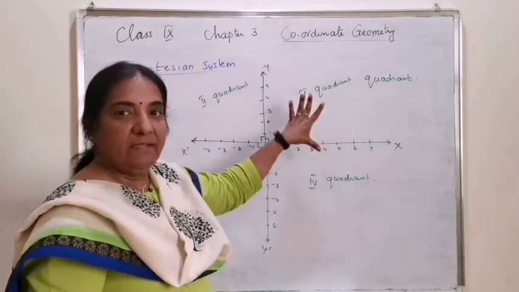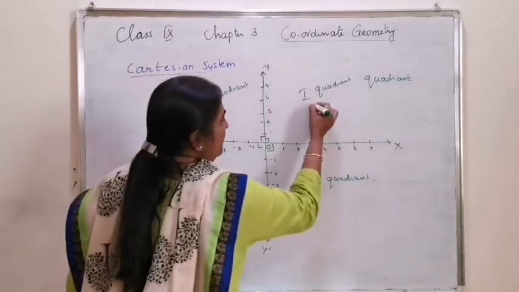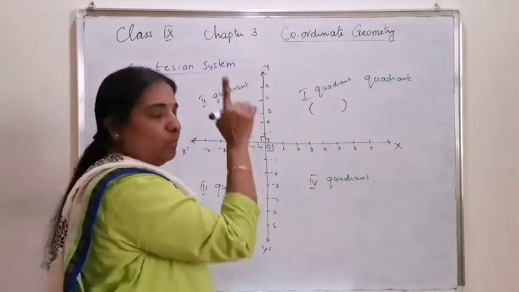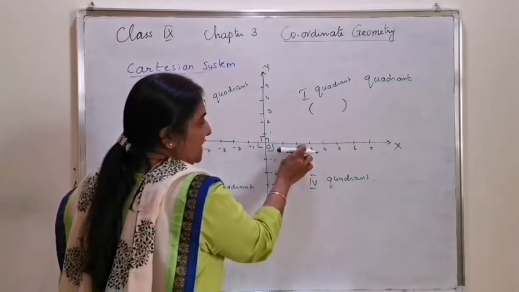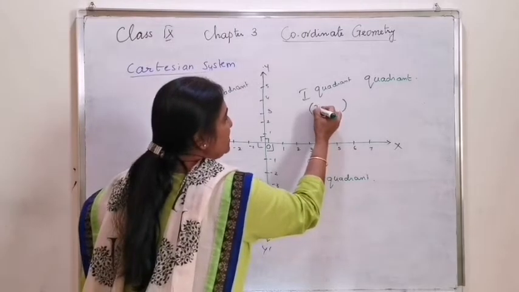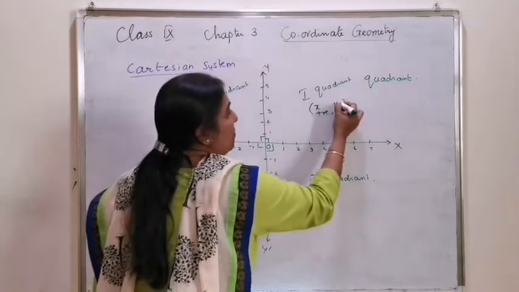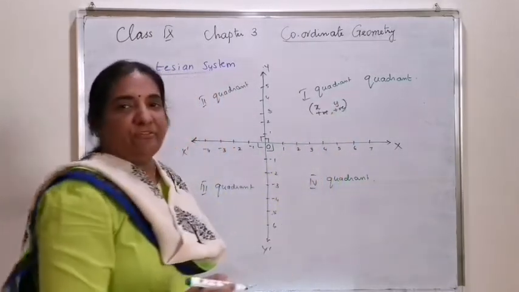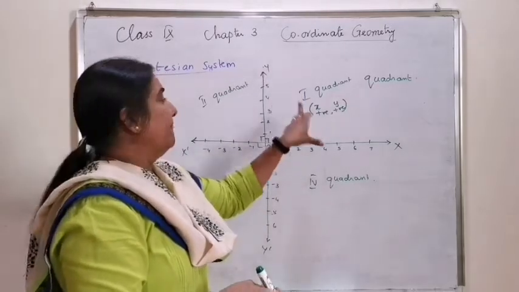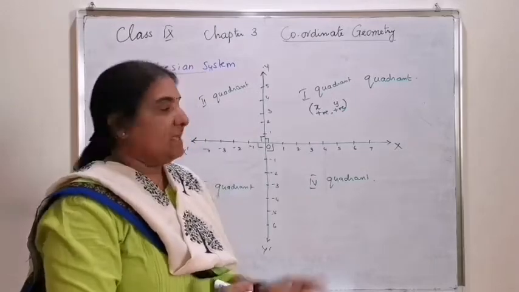It can be very well understood from the picture that any point on this plane, in this quadrant, will have the x value positive and the y value also positive. That is, in the first quadrant, both the coordinates x and y will be positive.